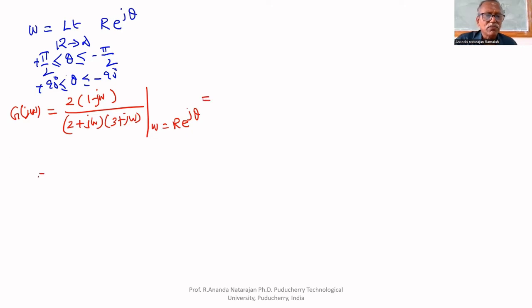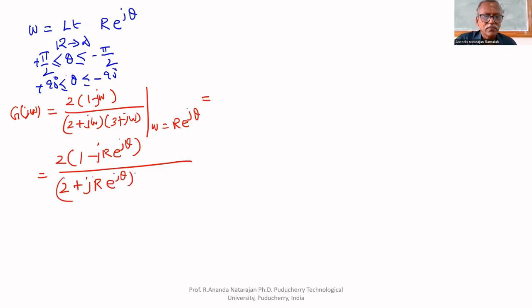That is equal to 2 times 1 minus R e power j theta upon 2 plus j R e power j theta, 3 plus j R e power j theta.